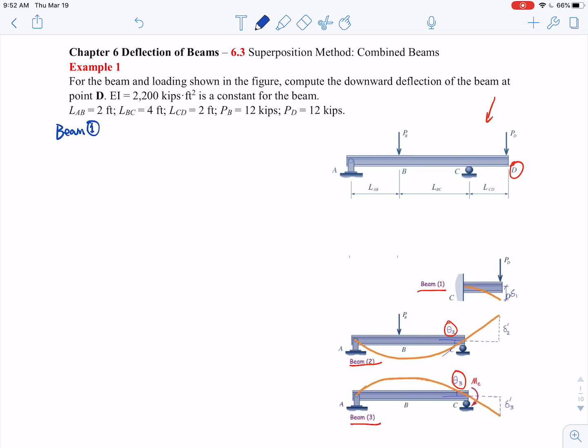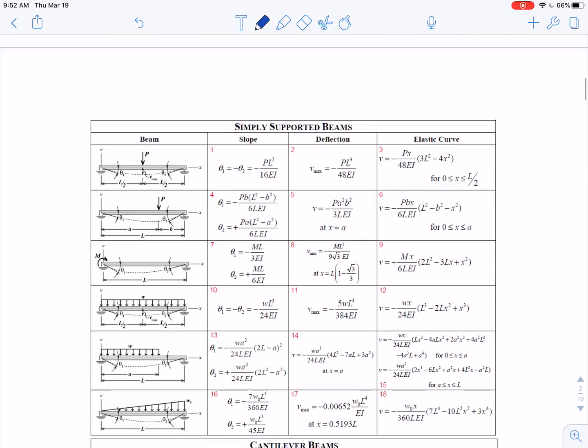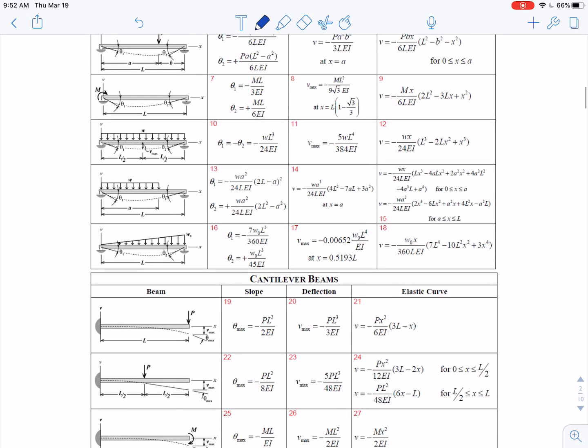For beam 1, we need to find an equation first. Obviously, it's a cantilever beam with a concentrated load P D at the free end. So this will be equation 21 or equation 20, and since we're calculating the maximum deflection, we can directly use equation 20.